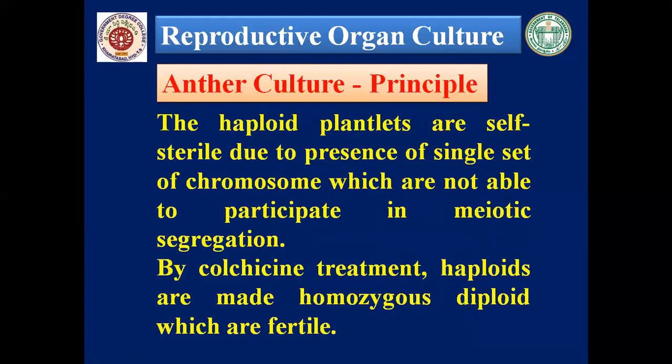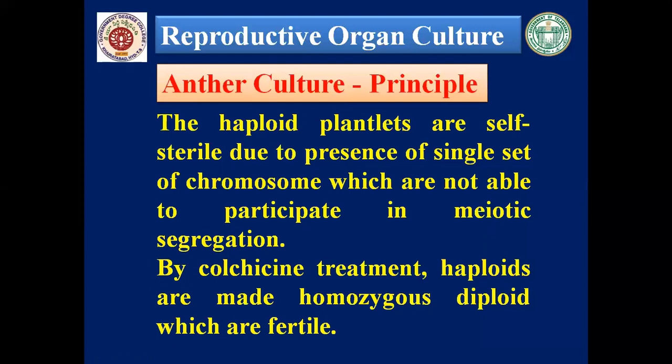Next, the haploid plantlets are self-sterile due to the presence of a single set of chromosomes, which was seen in the starting, and they are not able to participate in meiotic segregation. So for this, we are going to use colchicine treatment. By colchicine treatment, haploids are made homozygous diploid, which are fertile.